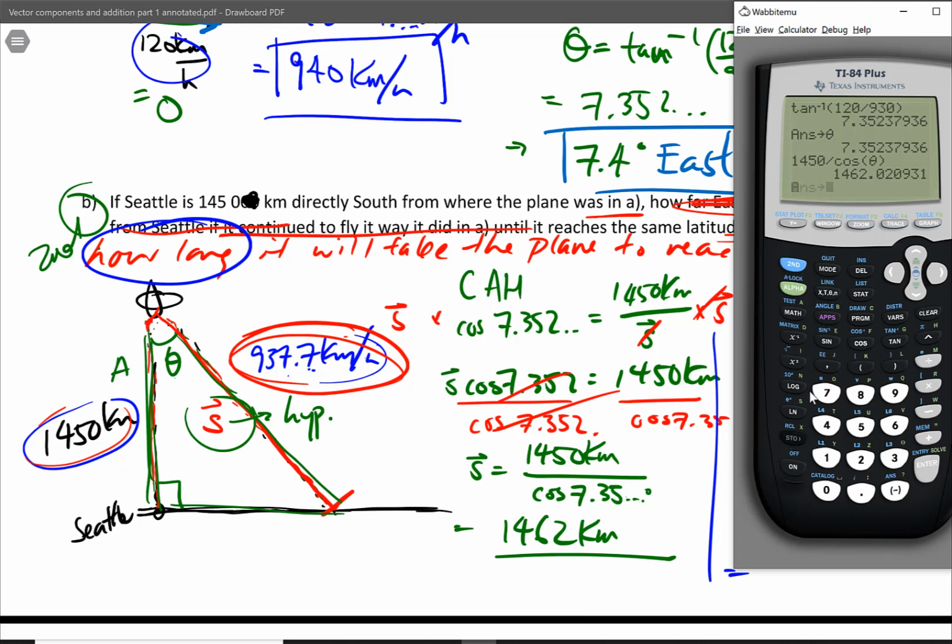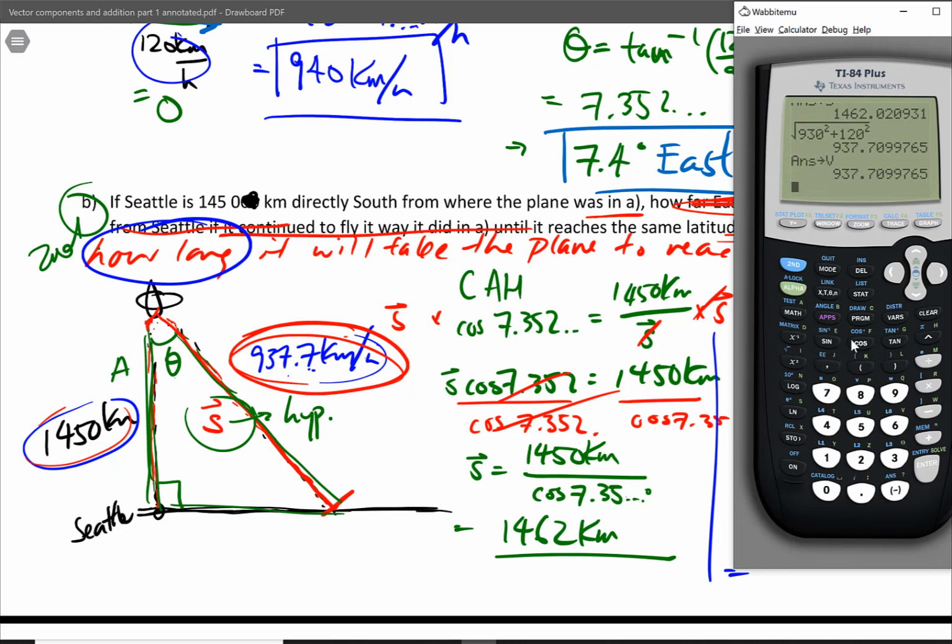I'm going to store this displacement as alpha s, and then our velocity vector, taking the square root, so Pythagoras, of 930 squared plus 120 squared. Okay, so we have that, and I can store that too. Store alpha, let's do v.